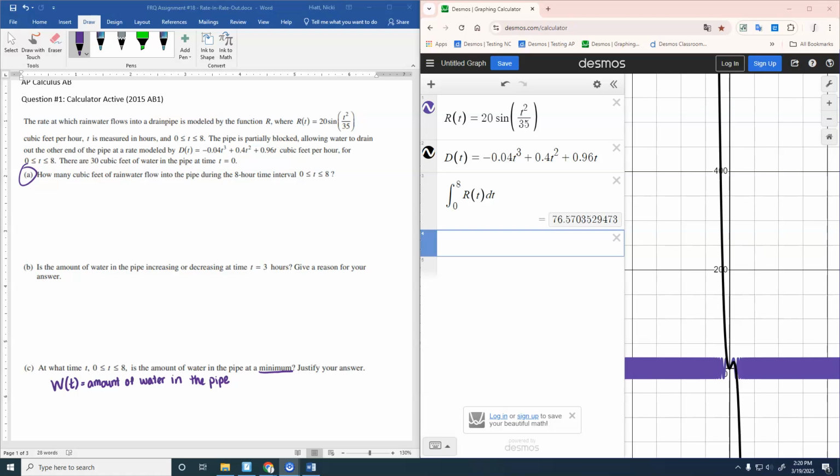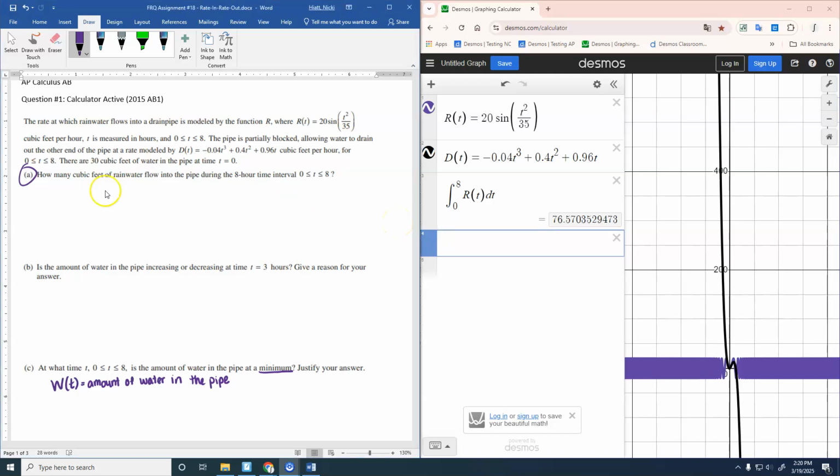So for part A, I went ahead and put R of t and D of t into the calculator because it can do that and it's fine. But you really only need R of t for A because it's just asking how much water flows into the pipe during that time period.